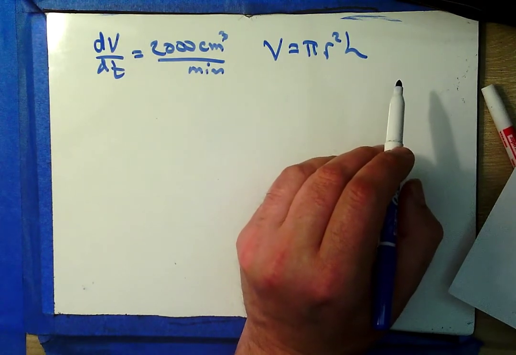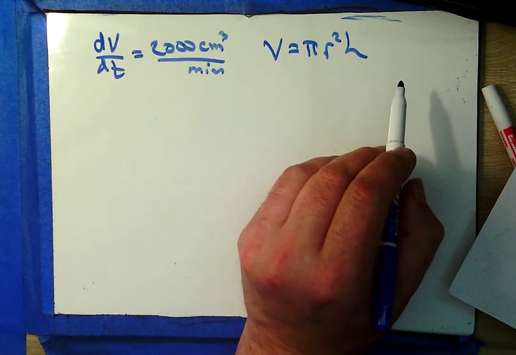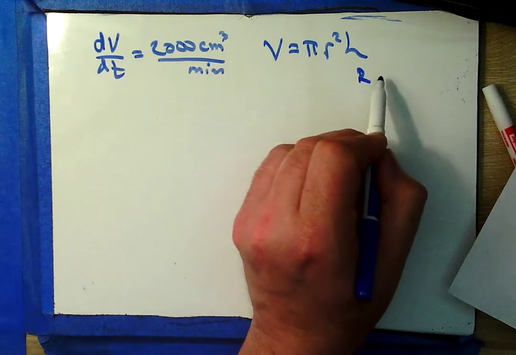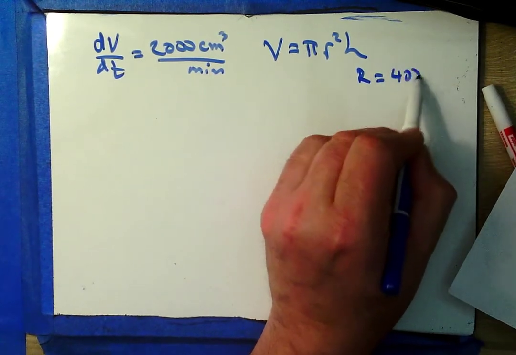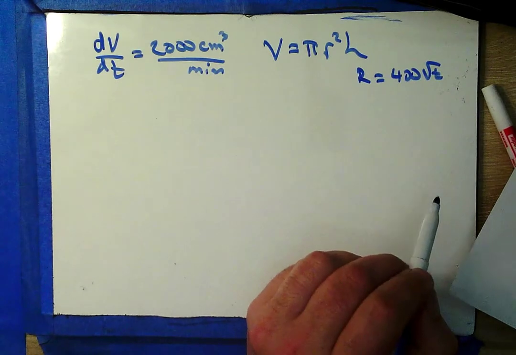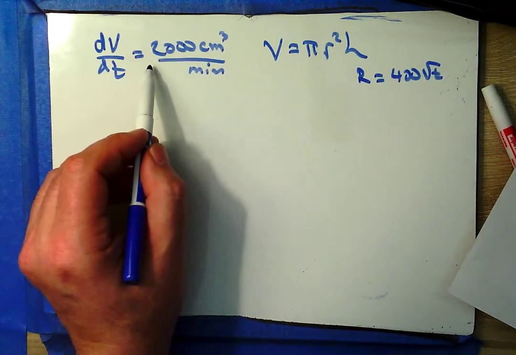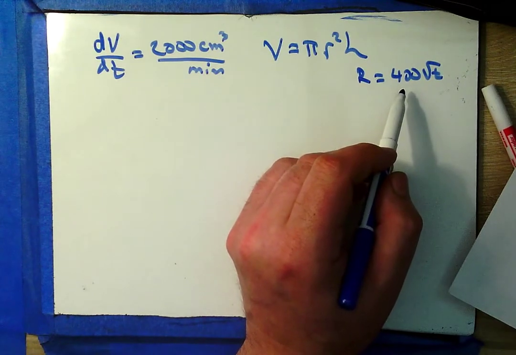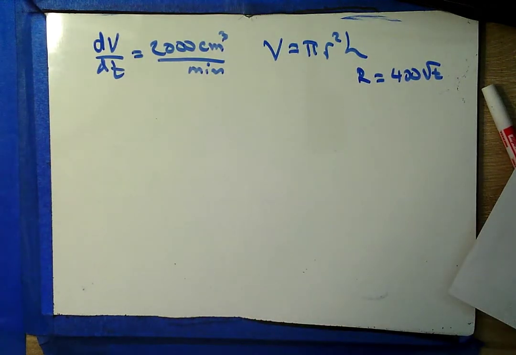The recovery vehicle shows up on the scene and begins removing oil. The rate at which the oil is removed is given by R of t equals 400 square root of t. Okay, so this is the rate at which oil is added, and this is the rate at which oil is removed.